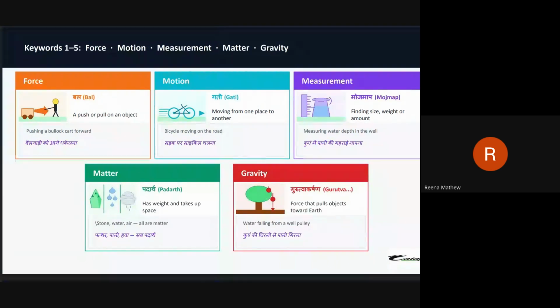So you can make a sentence using the word friction. Can you try making a sentence with the word friction? Friction opposes motion. Very good.